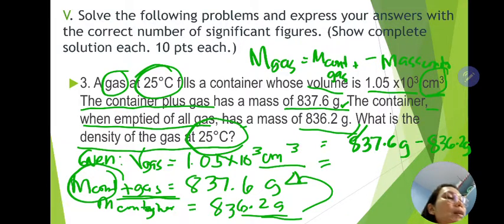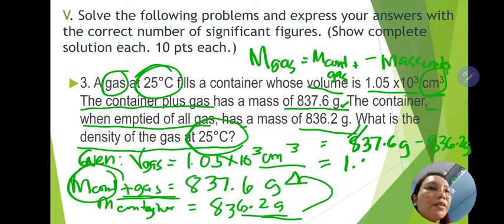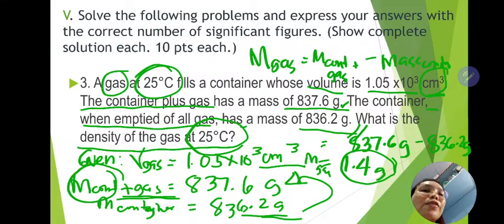So that will be 1.4 grams. So we now have the mass of the gas. Okay, 1.4. We have the volume of the gas and mass of the gas. Okay, so we can now determine our density.